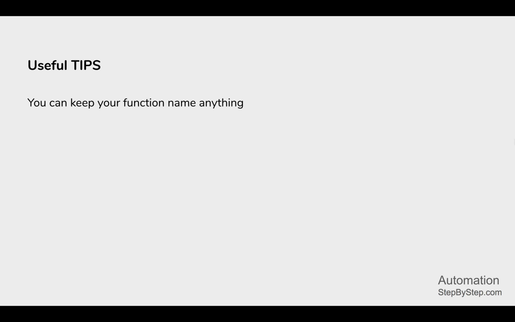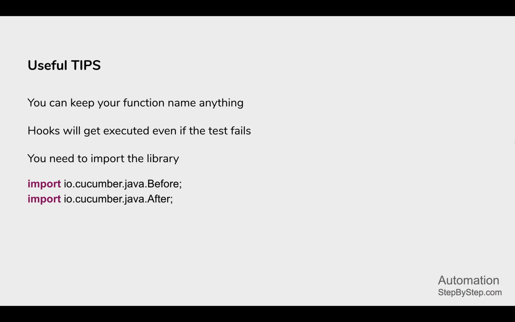And then the function name that you annotate with hooks or add @Before and @After annotation, you can keep anything. It is not mandatory to keep it like setup or teardown. You can name it anything, and hooks will get executed even if the test fails. So even if your steps in your scenario fail, hooks will always get executed.